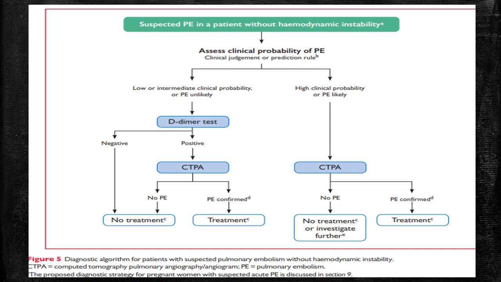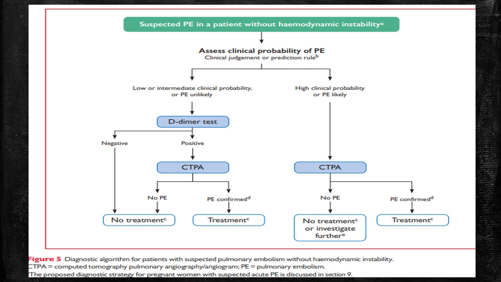Do not go for the D-dimer test. Okay, if the D-dimer test is positive, we will do CTPA, and if the CTPA is positive, pulmonary embolism is confirmed, and you have to go for treatment. If it is negative, you don't have to go for any treatment. If on the first place the D-dimer is negative, you do not have to go for CTPA, and no treatment is required.